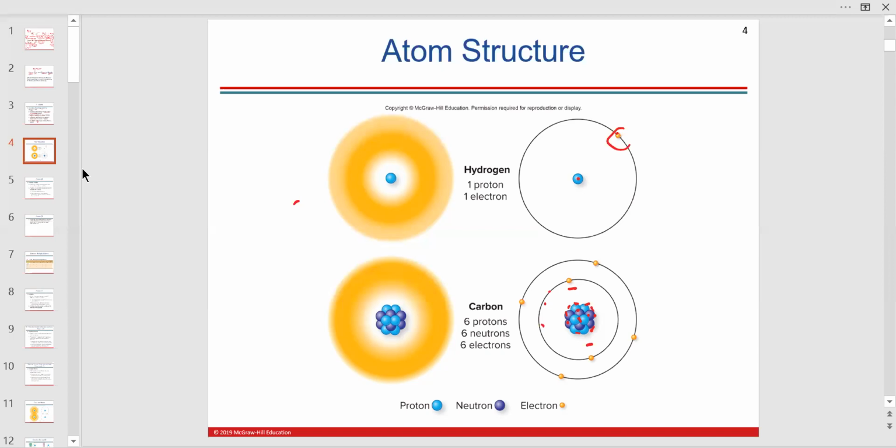So that leaves 4 more electrons, so there are 4 electrons in the next shell, and this happens to be the outer shell for carbon. Each subsequent shell outside the first can hold up to 8 electrons, and that's called the octet rule. And the outer shell is always called the valence shell.